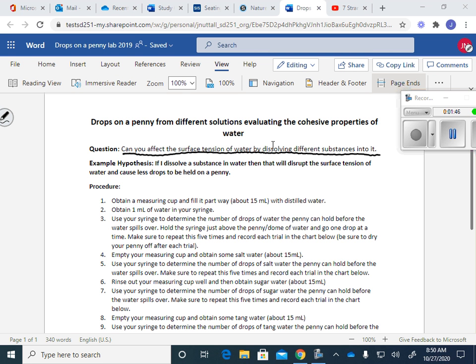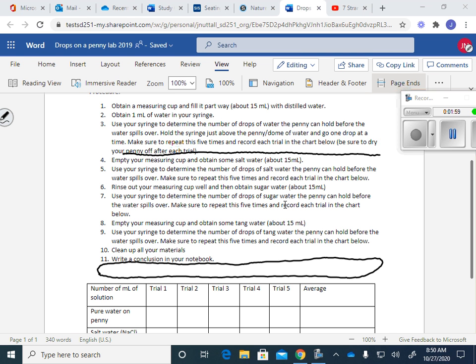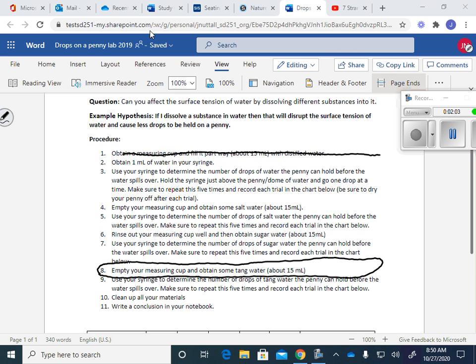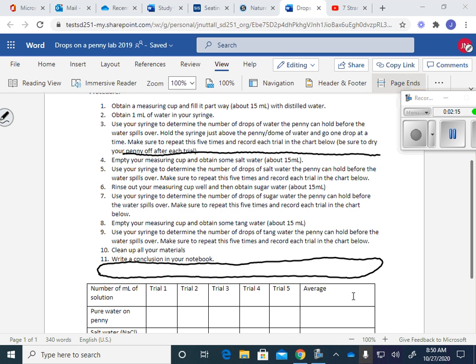And so what I want you to do on your paper is write down a hypothesis of what you think the answer to this question is: can you affect the surface tension of water by dissolving different substances into it? So that's on your paper, and then just below here, where this circle is, go ahead and write a hypothesis.